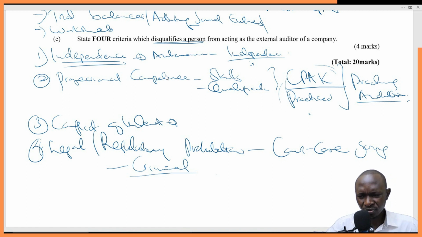So the restrictions might come either from the courts, might also come from the regulatory bodies. In this case, we might be talking about ICPAK, CMA, and such other regulatory bodies.